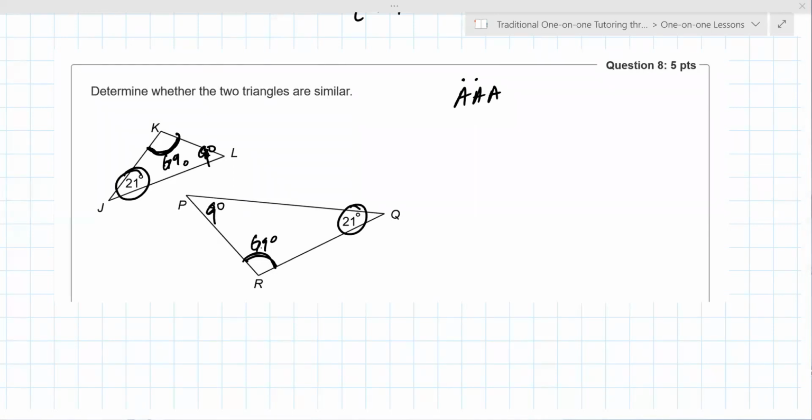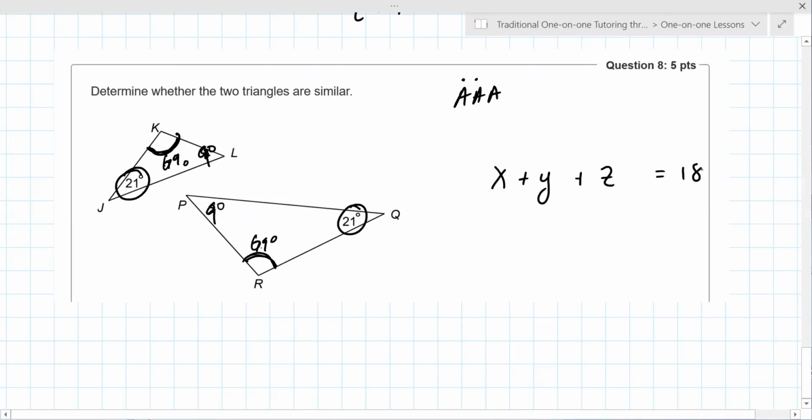They're all going to add to 180, but since two of them are the same, it's like saying x plus y plus z equals 180, but we already know the value of these two. So they're gone. So z is always the same in both of them. Yes. Okay. All right, let's move on to another question.